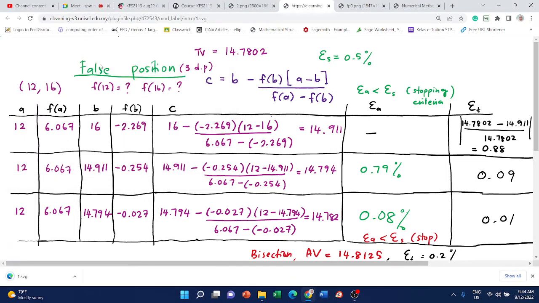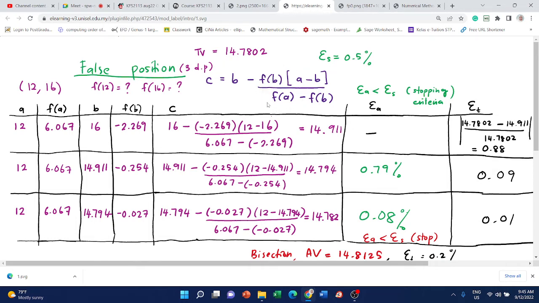Okay, false position, another method that we consider for the closed methods. Because this is the same function, we are going to take the same information regarding the true value. In this false position, this is the general formula. C is the one that you are supposed to approximate, equal to B minus FB times A minus B, divided by FA minus FB.